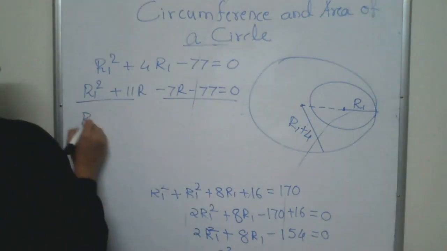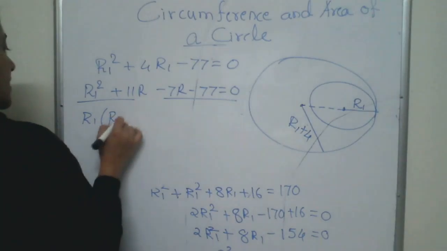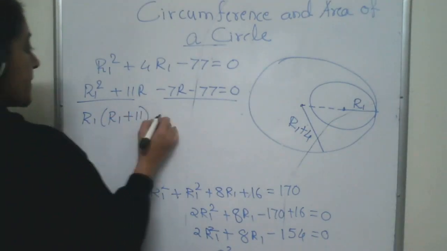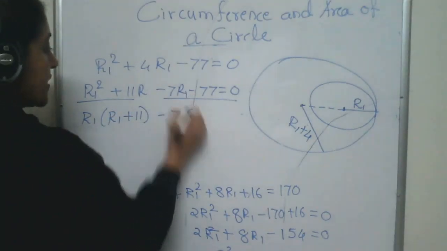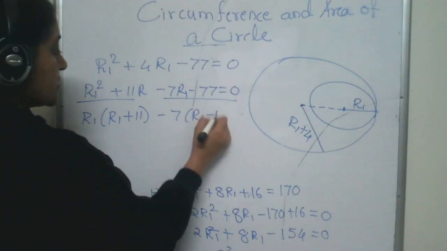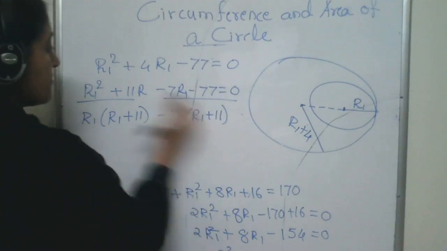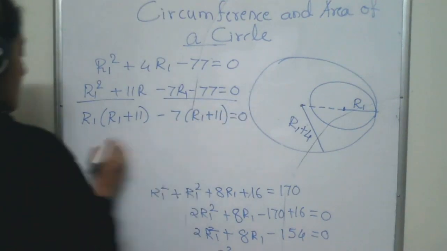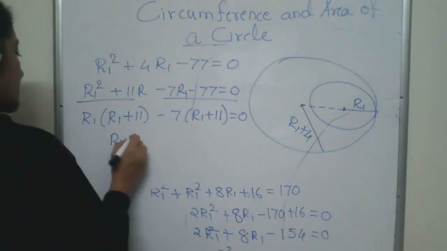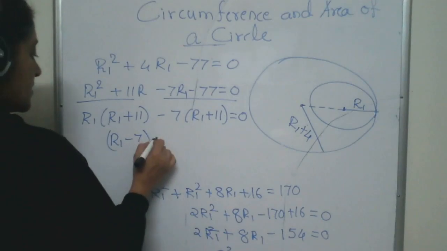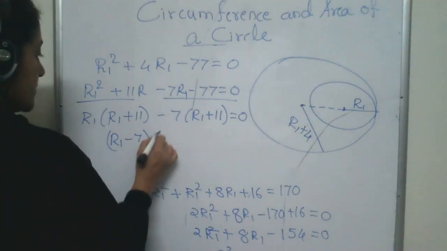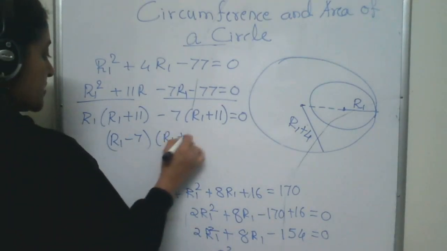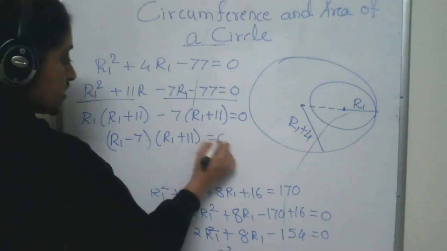Okay, r1 into bracket r1 plus 11, minus 7 into bracket r1 plus 11. Why? The minus sign goes out as common, you will have to make it positive. So now (r1 minus 7) and (r1 plus 11) is equal to 0.